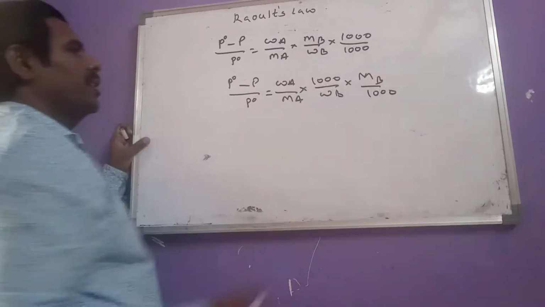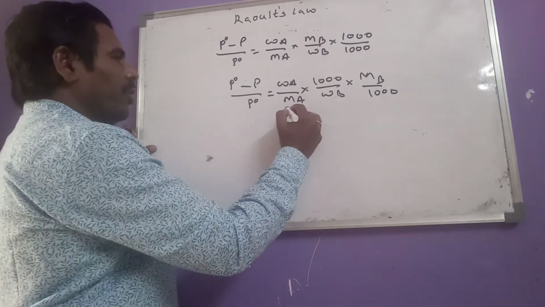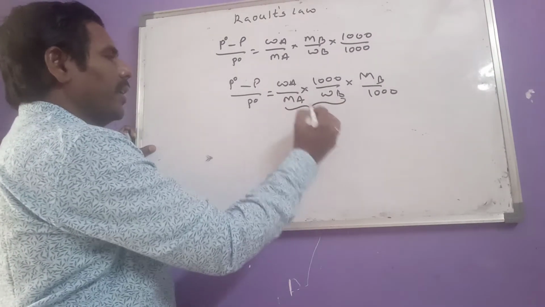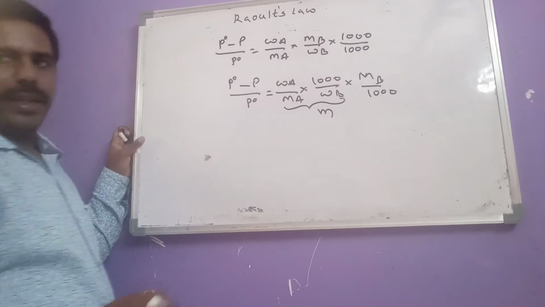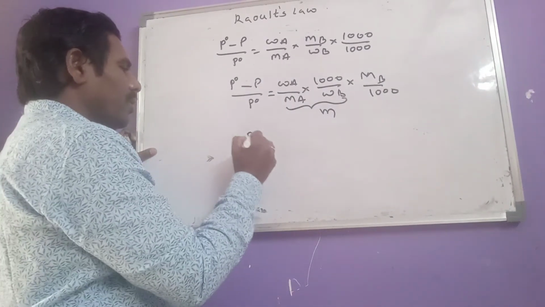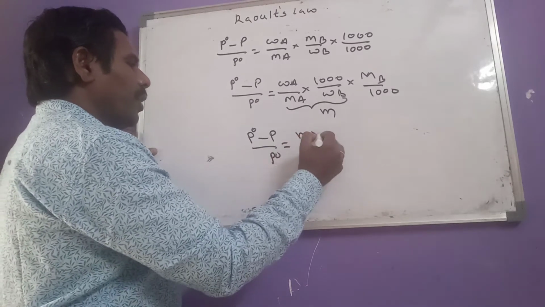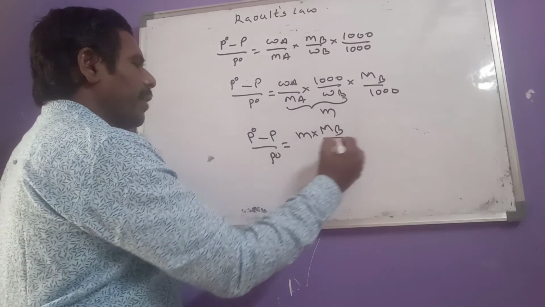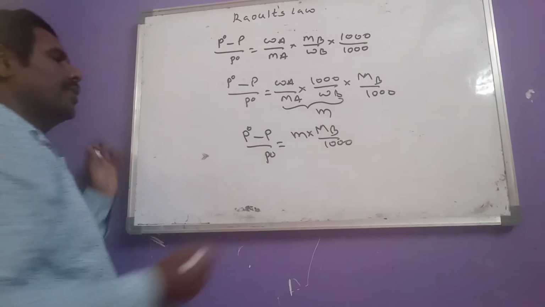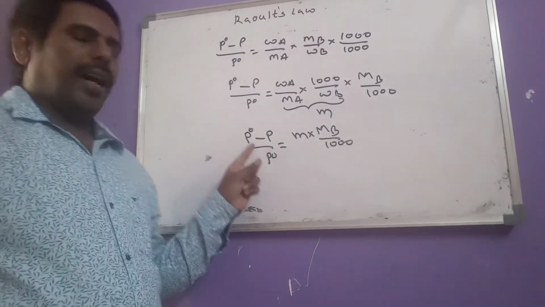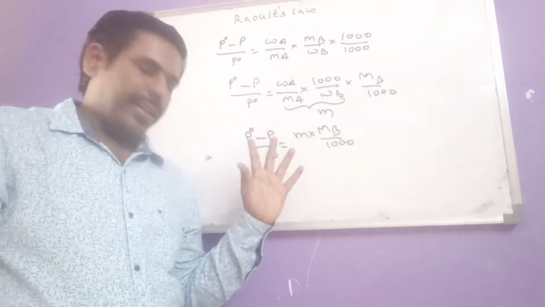But we know that this expression is nothing but molality. Now (P naught minus P) by P naught equals molality into Mb by 1000. So this is the relation between RLVP and molality.